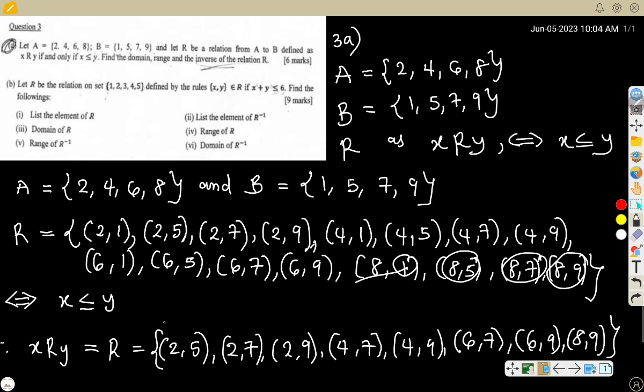So all these elements here are x, y pairs. If you look at it, all the x are less than or equal to y. So that is what the question wants. So that means this is our R, like that.